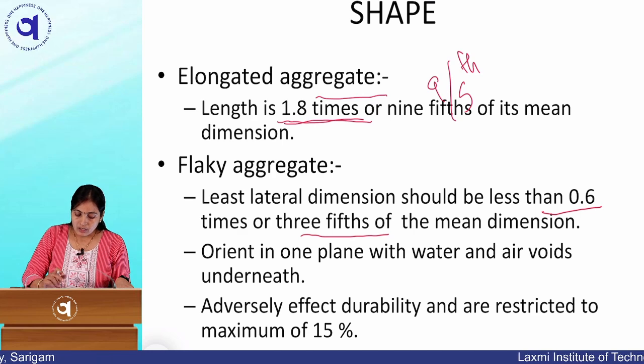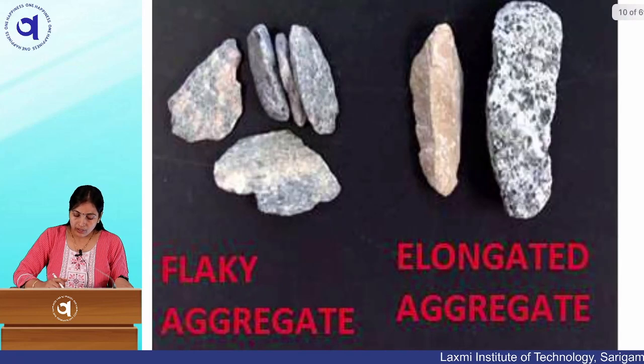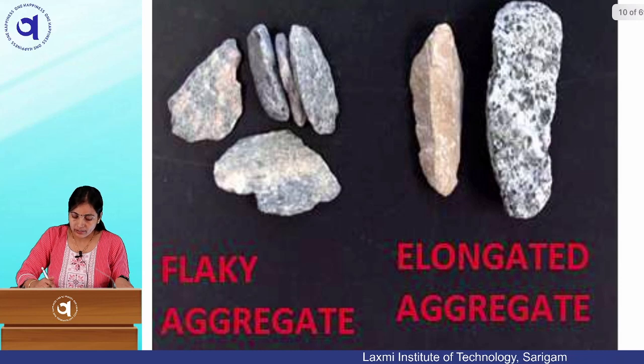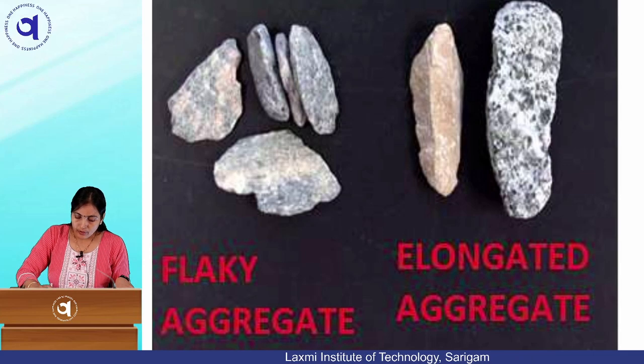Before going further, I will show you the size and shape of the aggregate. This is what we call flaky aggregate, meaning its width is less, and this is elongated aggregate. You can see this is extra long. How much long is it? 1.8 times the mean dimension, okay.